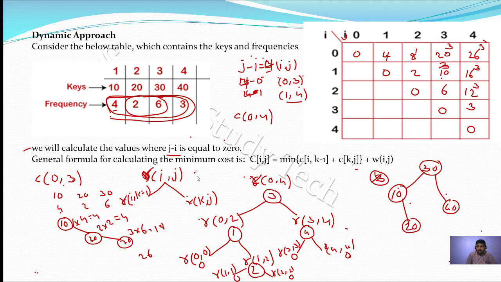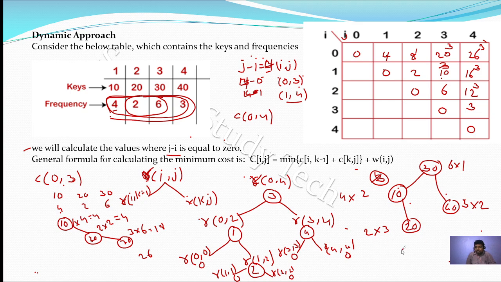This is the optimal binary search tree. You can see here 30, the frequency is 6, so 6 into 1. Here 40, the frequency is 3 into 2, this is the second level, that's why 2 comparisons are needed. Here it is 10, so that is 4 into 2 here, and 20, here the key is 2 into 3, third level, 3 comparisons are needed.